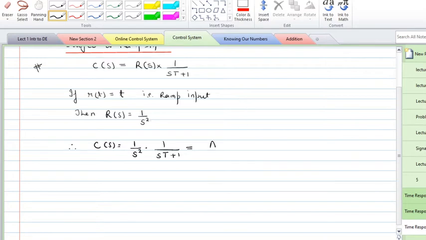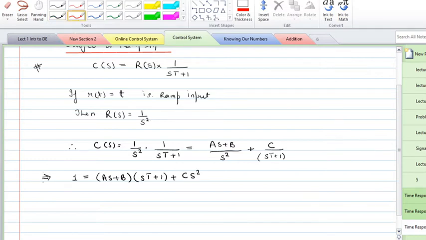Okay, so it becomes (As plus B) by s square plus C divided by Ts plus 1. Solving for this, 1 will be equal to (As plus B) multiply (Ts plus 1) plus C s square, at s is equal to 0.